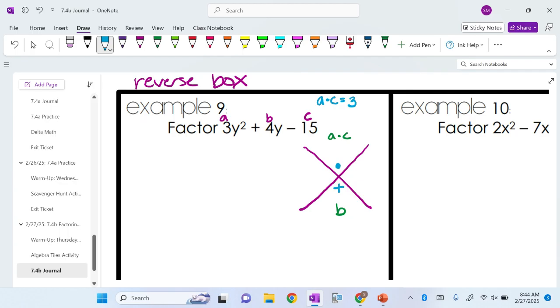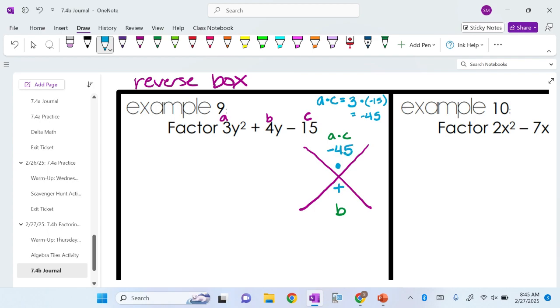Not just 15, but negative 15. So we're doing 3 times negative 15, which is equal to what? Negative 45, guys. If you don't know that, use a calculator. So we're going to put negative 45 here.